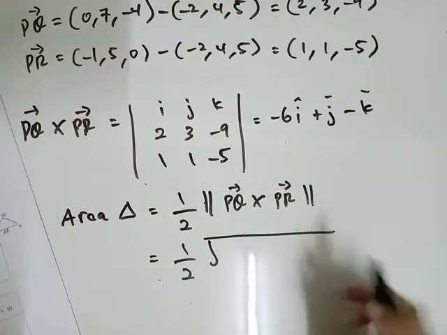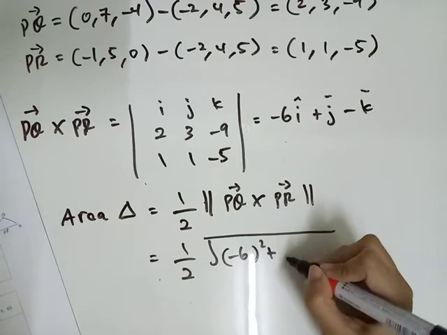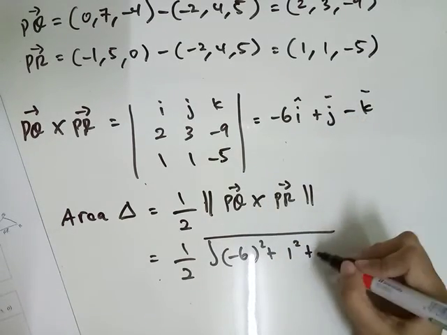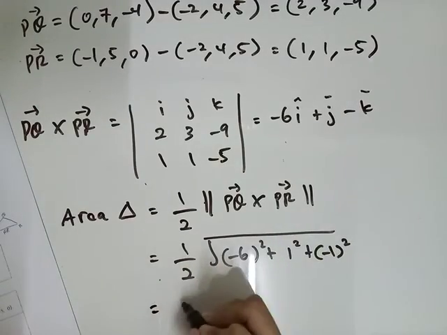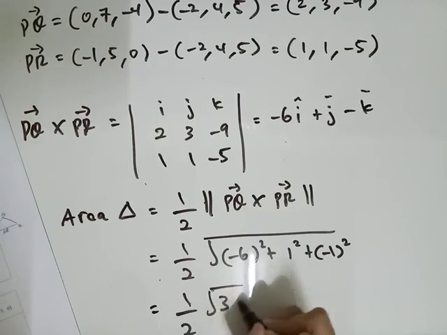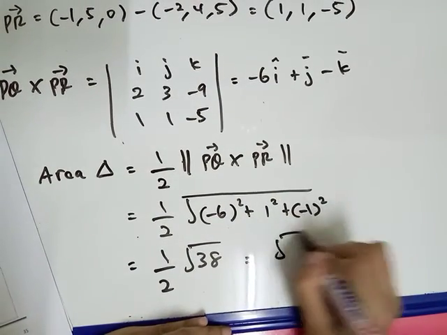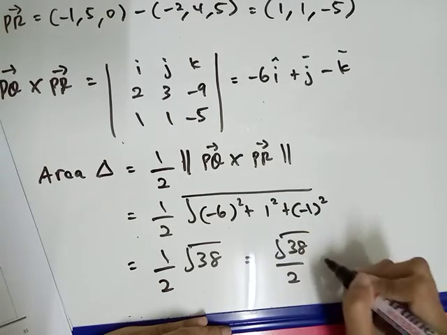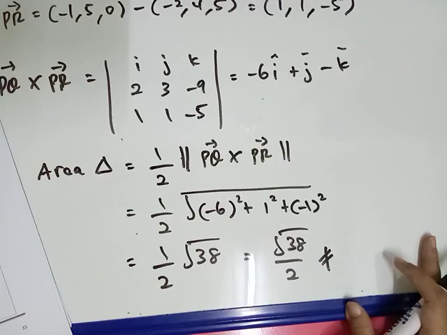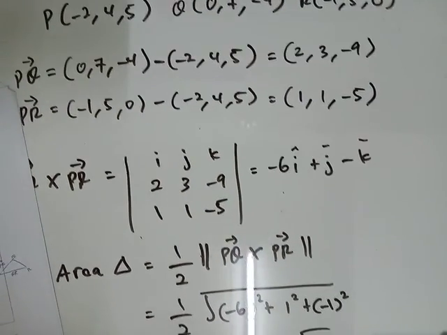So, square root negative 6 square plus 1 square, plus negative 1 square. Awak calculate, awak akan dapat 1 over 2 square root 38. So, the last answer should be square root 38 over 2. This is the answer to find the area of triangle. Alright? Dia faham nah? Tak faham boleh tanya dalam set, okay?